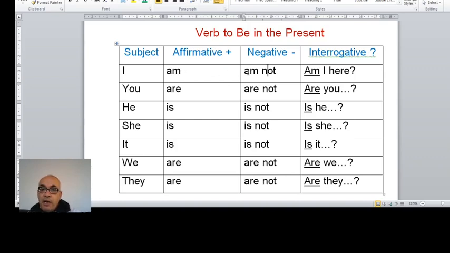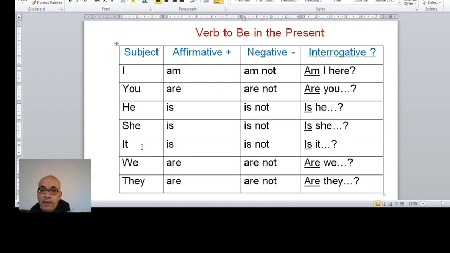The negative, I am not. Interrogative, am I here, for example. You are not, and then are you here. He is not, is he here. She is not, is she here.